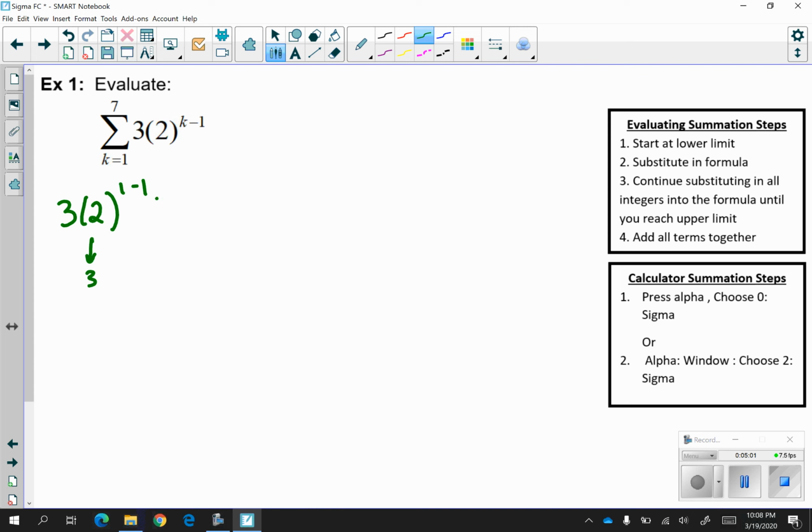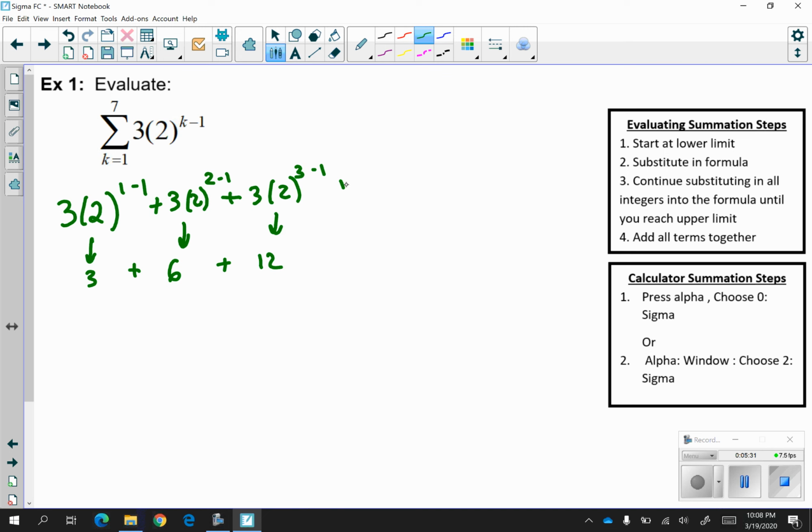Now you're going to add, because remember sigma means sum, this is a series, and you're going to plug in 2. So we have 3 times 2 to the 2 minus 1. And that's going to give me 6. You're going to keep on going and do 3 times 2 to the 3 minus 1. So we get plus 12.